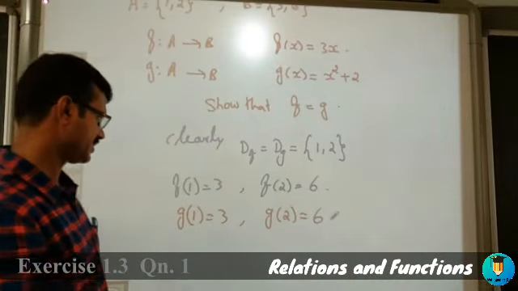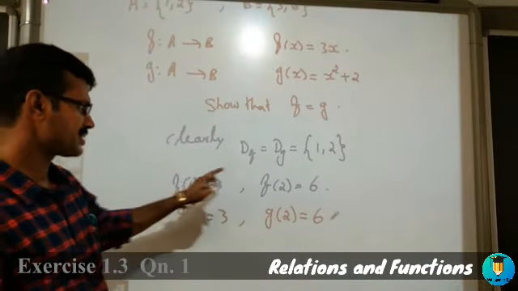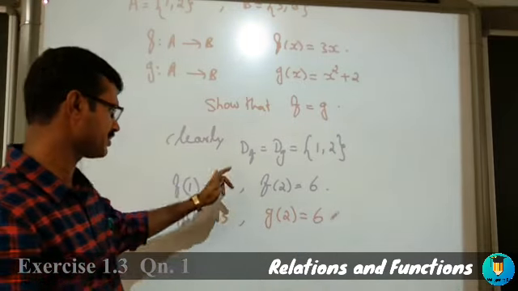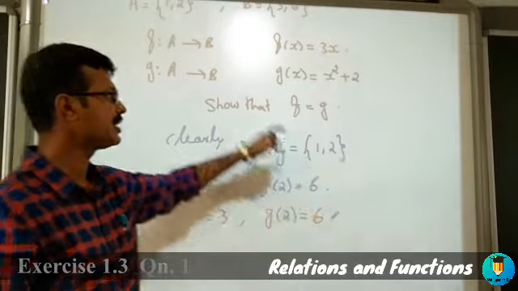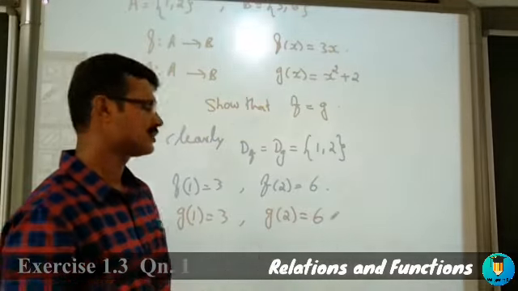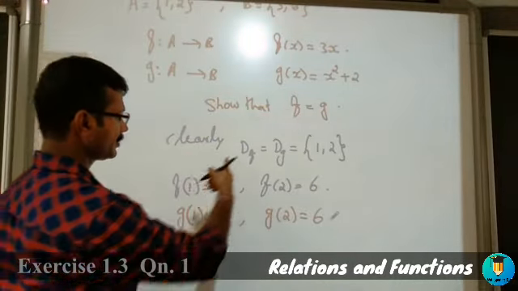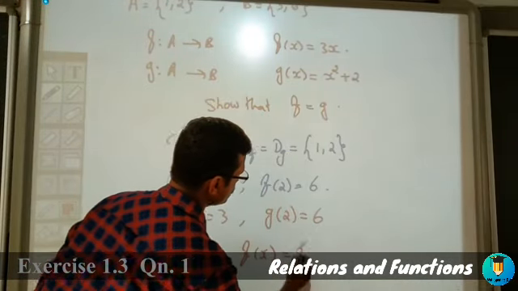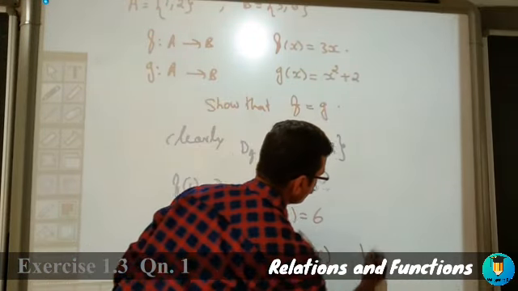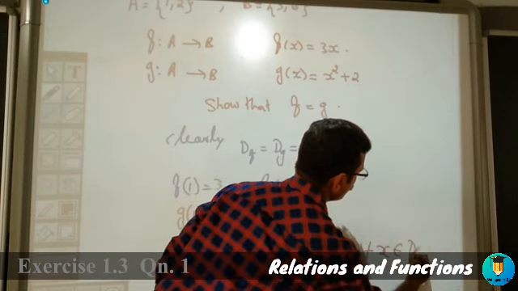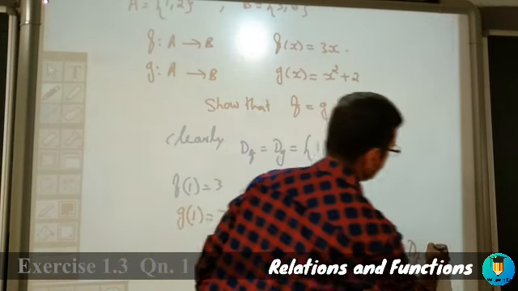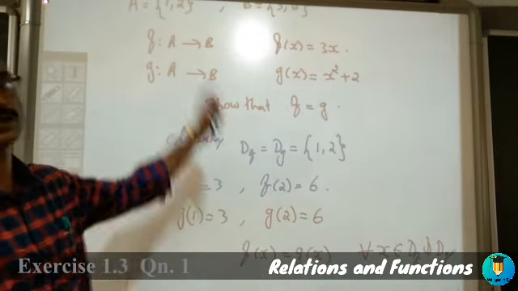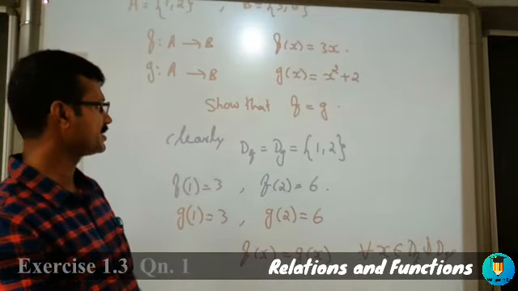If you observe, both functions f and g have the same images corresponding to the domain. Therefore we can say that f(x) is equal to g(x) for all x belonging to the domain of f and domain of g. Therefore f and g are equal.